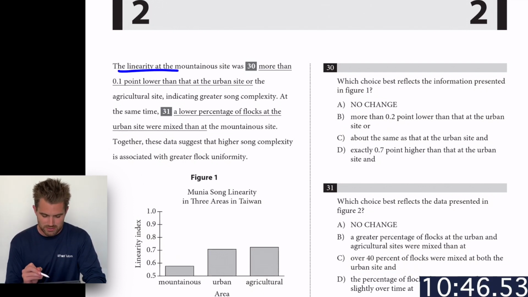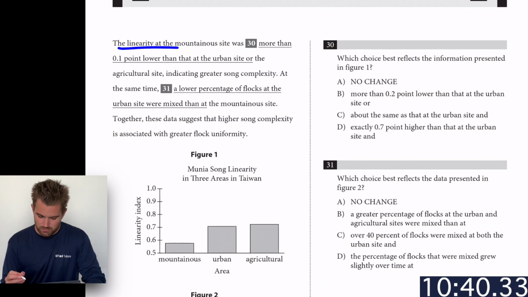The linearity at the mountainous site was more than 0.1 point lower than that at the urban site or the agricultural site. Which choice best reflects the information presented in figure 1? More than 0.1 point lower than that of the urban site. So the mountainous site was 0.7 to 0.6, which was more than 0.1, so that's right.